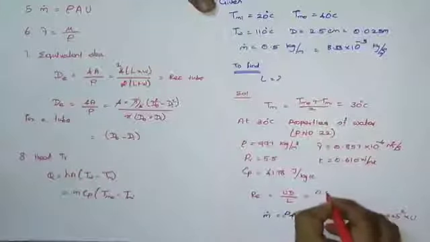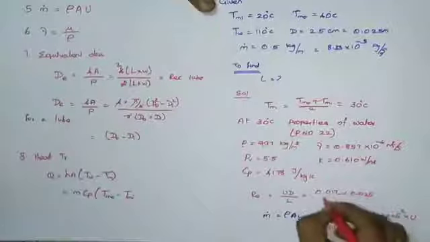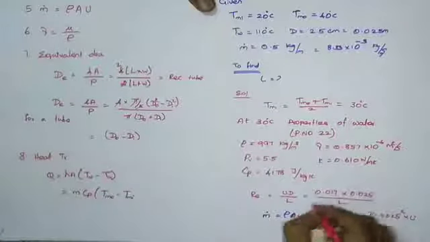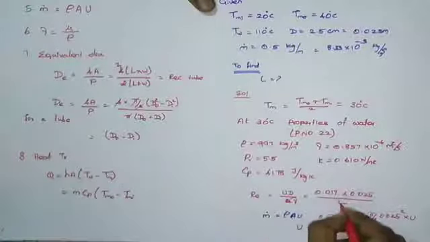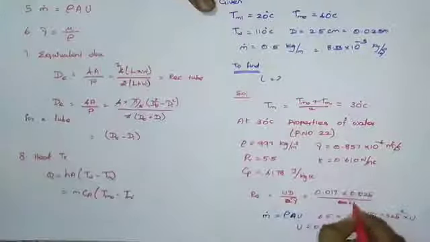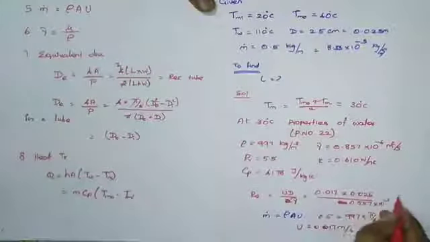Just substitute this u value in this equation. You can get 0.017 into 0.025 divided by nu. Here the nu value you can take 0.857 into 10 to the power minus 6.